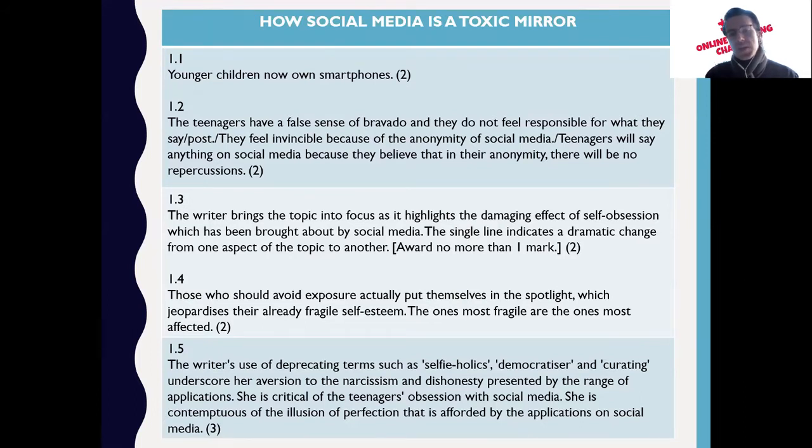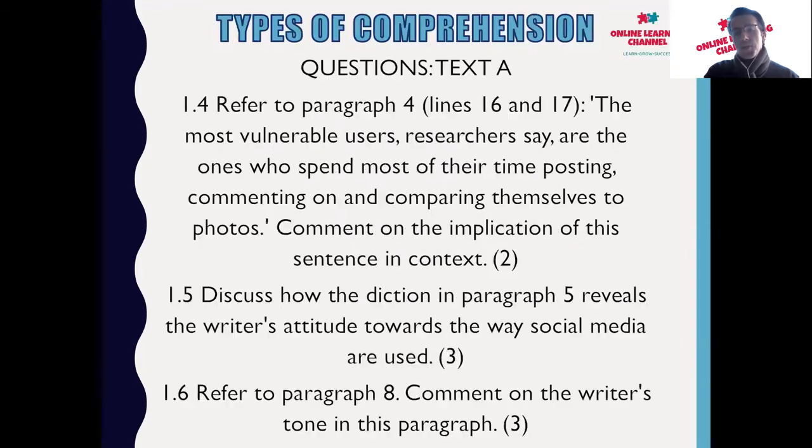She is critical of the teenagers' obsession with social media, in a nutshell. She is contemptuous of the illusion of perfection afforded by the applications. The author is clearly critical of the use of social media, certainly by the adolescent population.